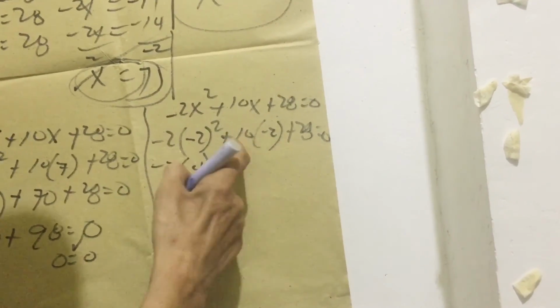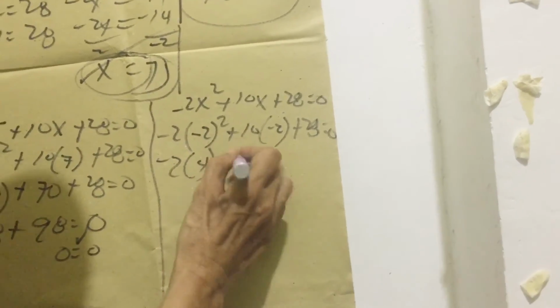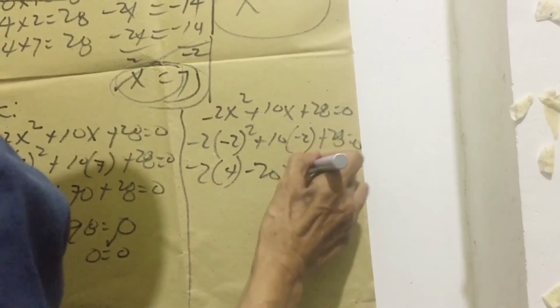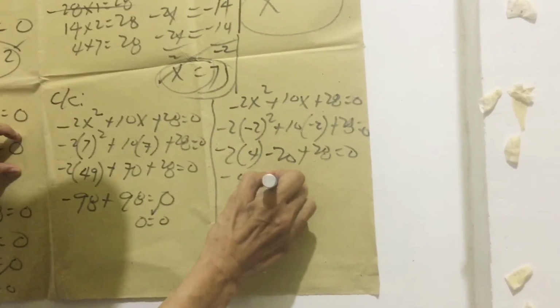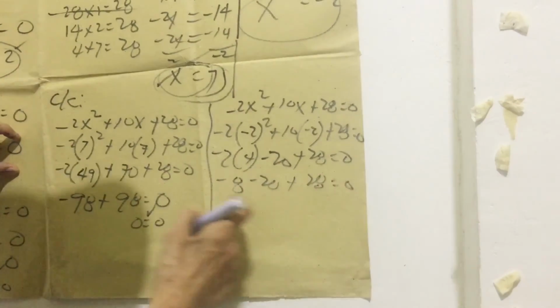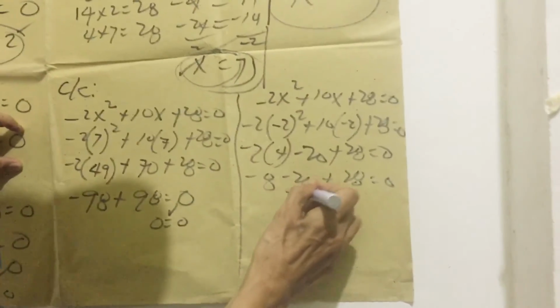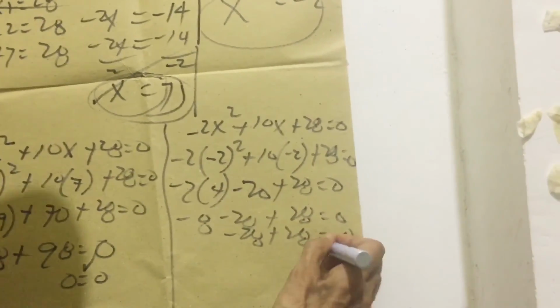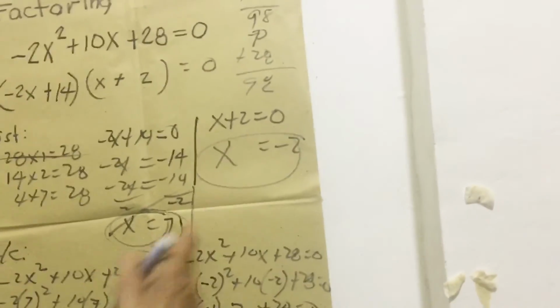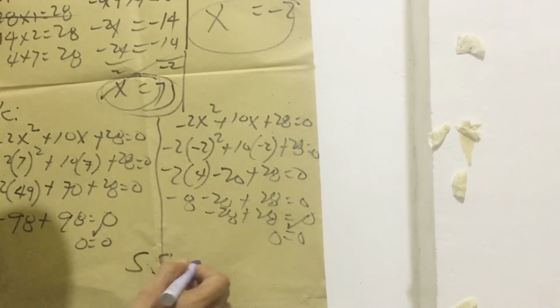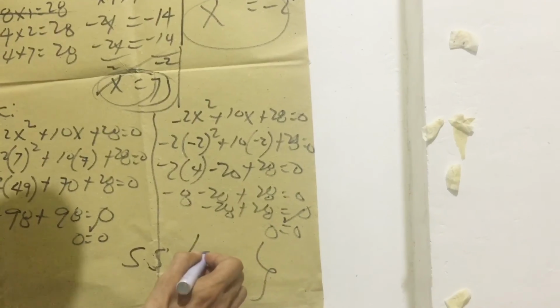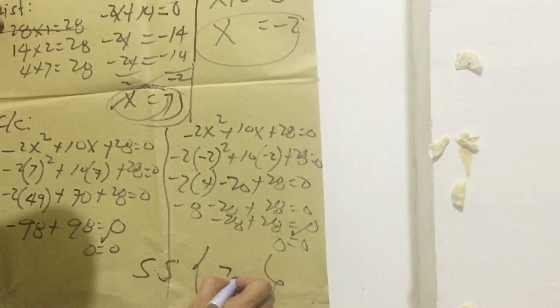Then positive times negative becomes negative 20. 2 times 4 is negative 8. Negative 20 plus 28 equals 0. Combine: negative 8 plus negative 20 is negative 28, plus 28 equals 0. So therefore, x equals negative 2 and x equals 7 is the solution set of the quadratic equation. It's the final answer now.